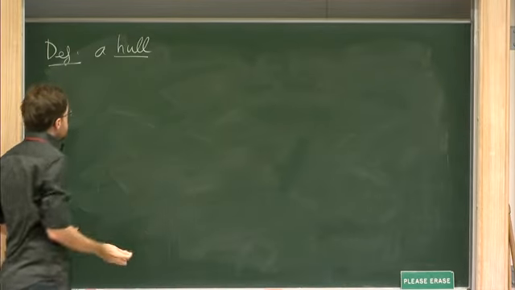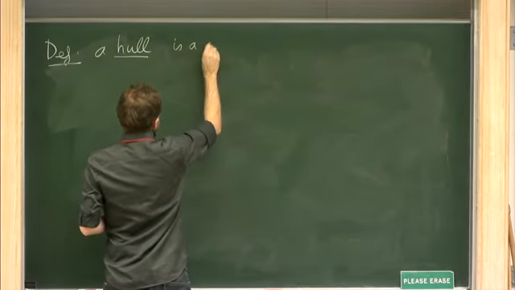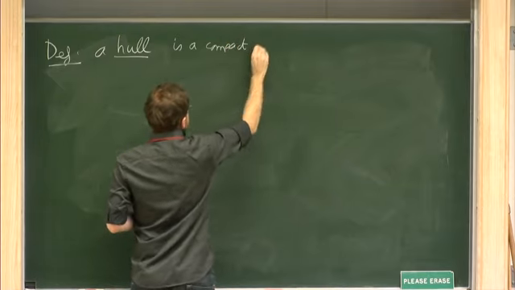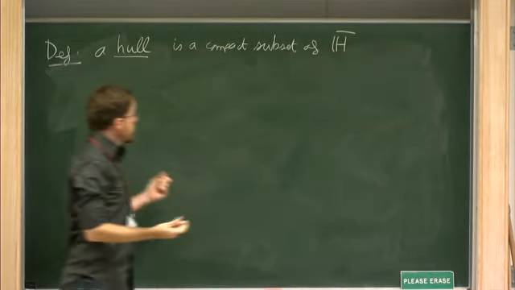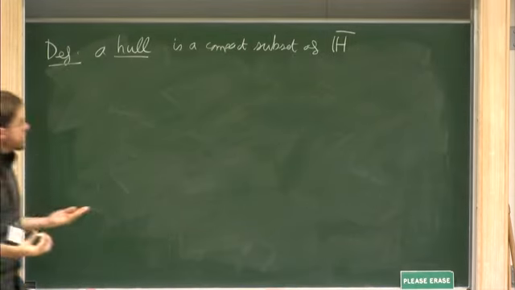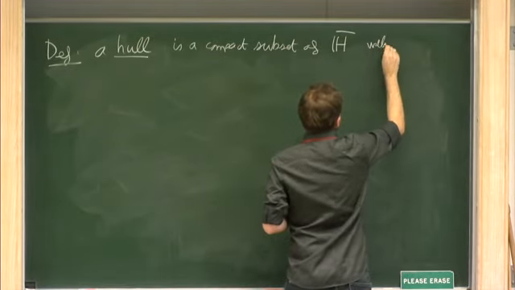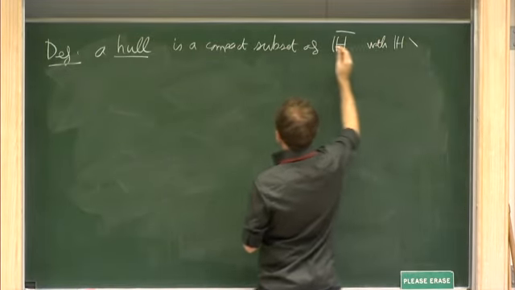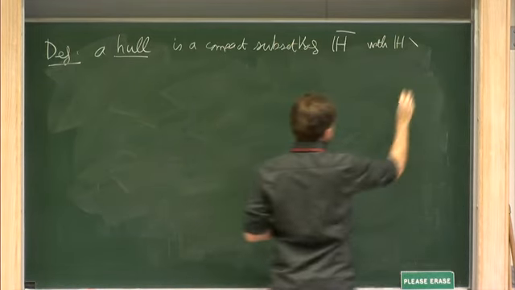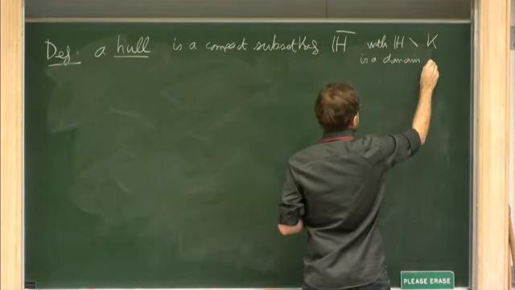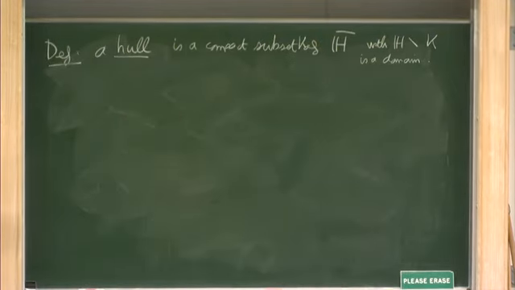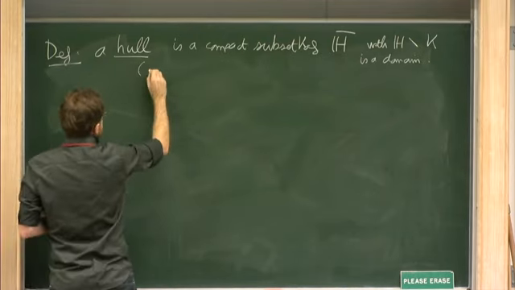So a hull will be for us a compact subset K of H bar such that H minus K is a domain, whose complement in H is simply connected. So it's something that you can remove from H to obtain a domain. And for now, I will assume that K is connected.